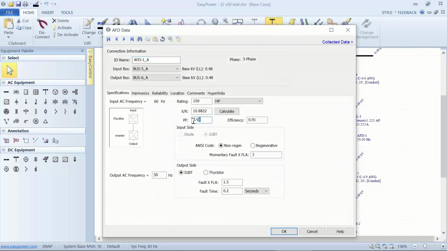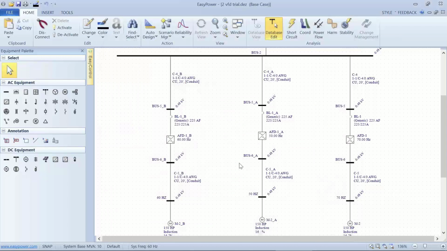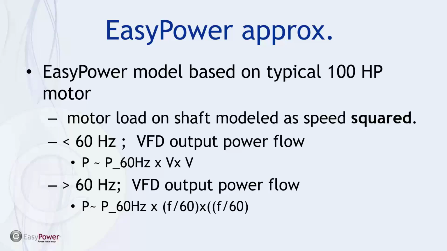So if I know specifically what the power factor is, what the efficiency is, what the output frequency is, and the X over R that the VFD is presenting to the system, I can get a more accurate result based upon real data and not just using something that approximates using typical values from a 100 horsepower motor, which is what EasyPower does for PowerFlow. Probably as good as I can stomp on it.